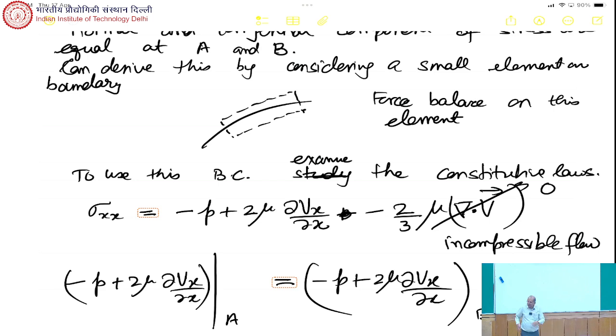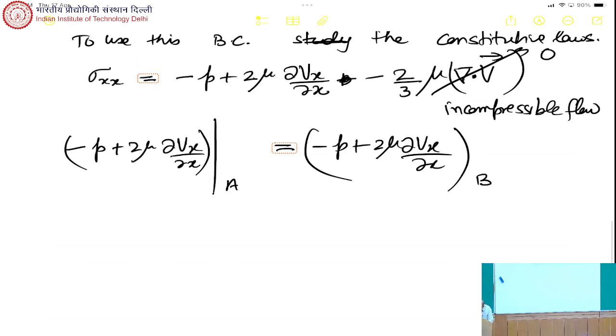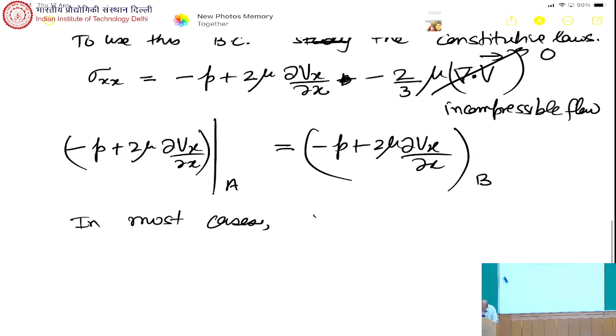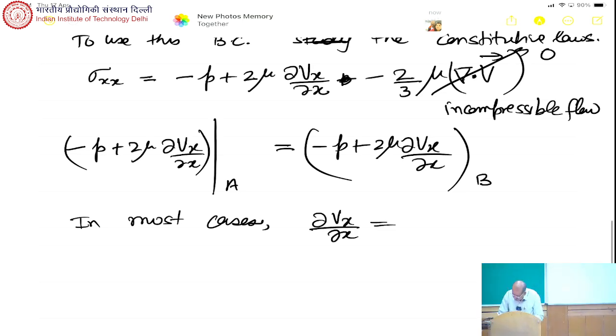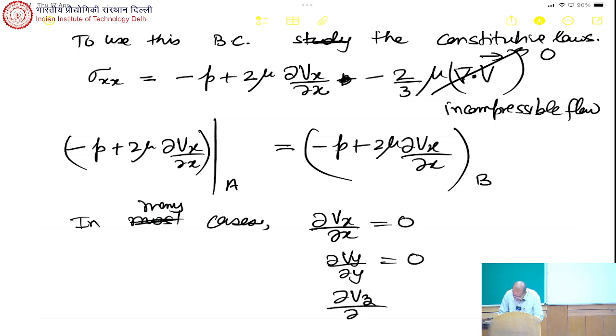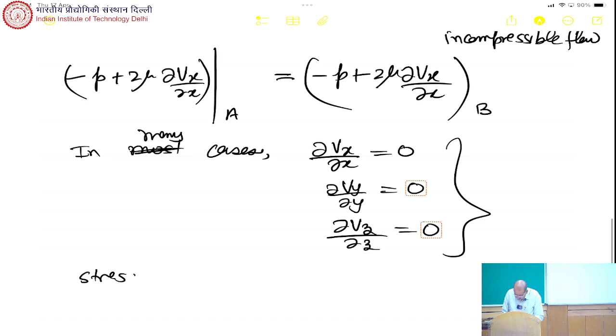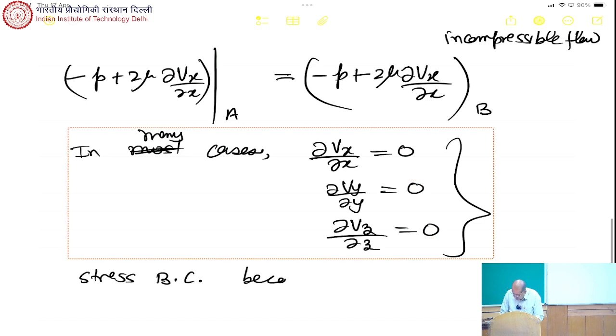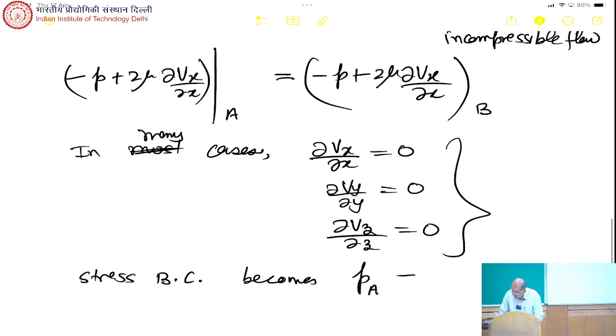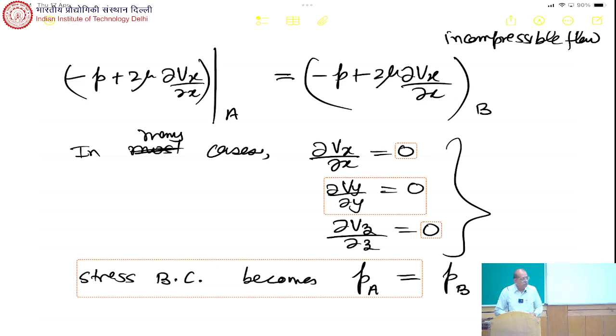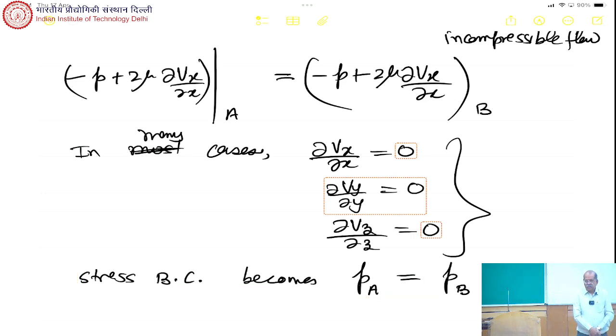In many cases, this will translate, and thus the stress boundary condition becomes pressure on side A is equal to pressure on side B, because if the other terms are all 0, this will just become pressure.